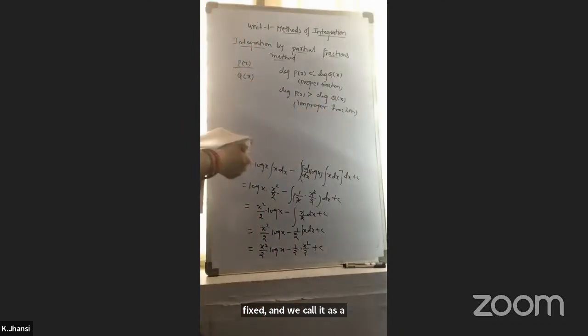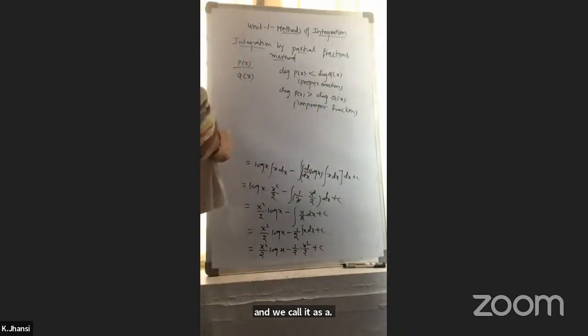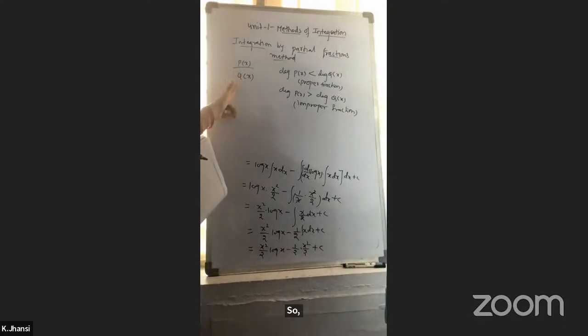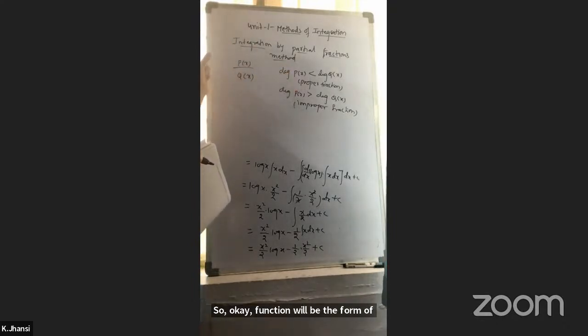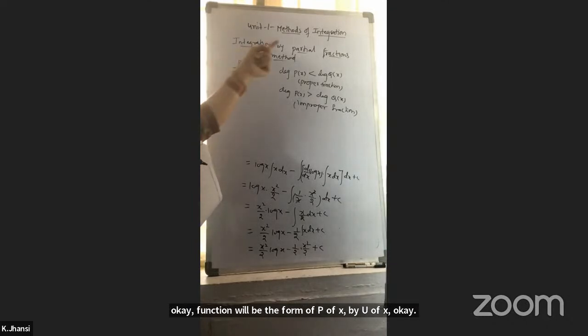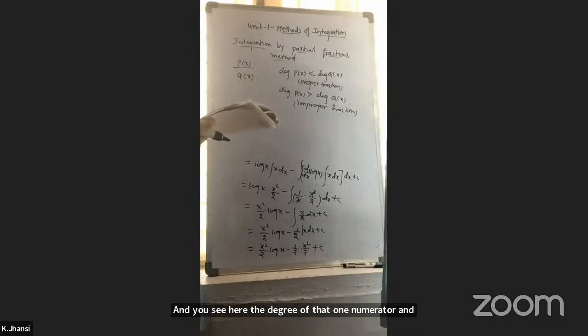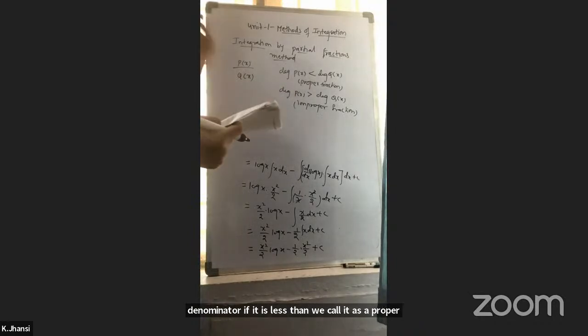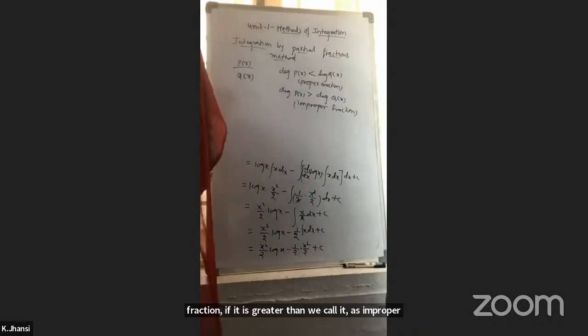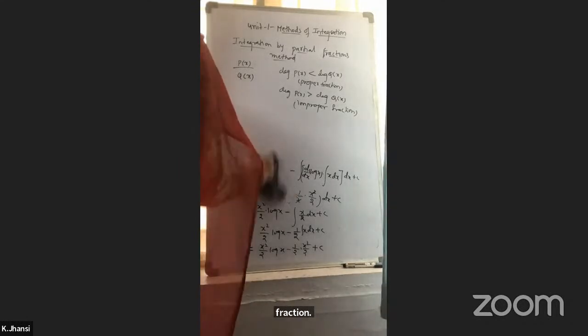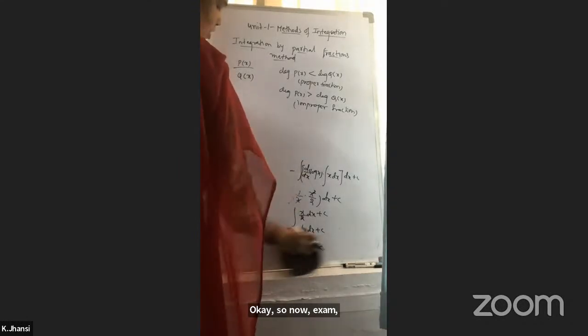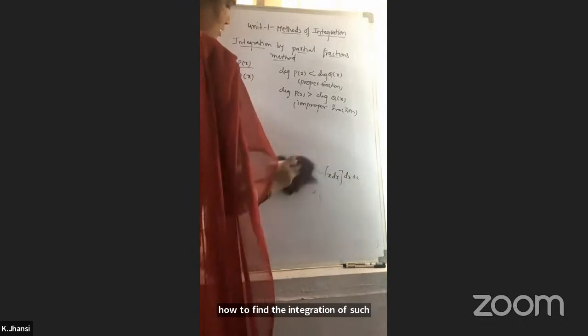Two different cases will be there. The given function will be in the form of p of x by q of x, and you see the degree of numerator and denominator. If it is less than, we call it a proper fraction. If it is greater than, we call it an improper fraction.